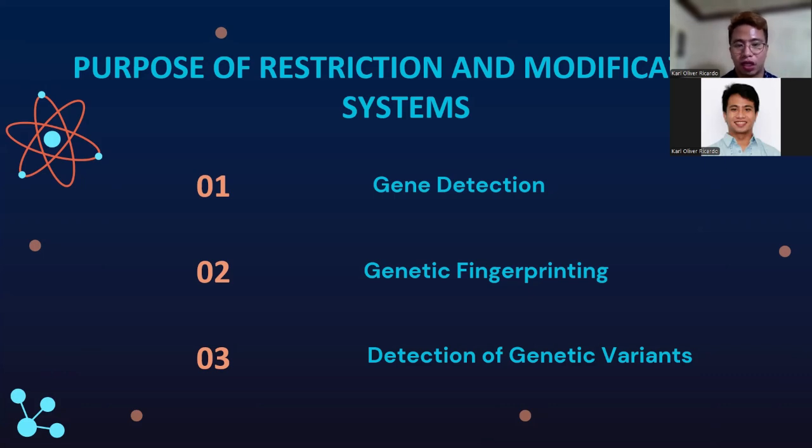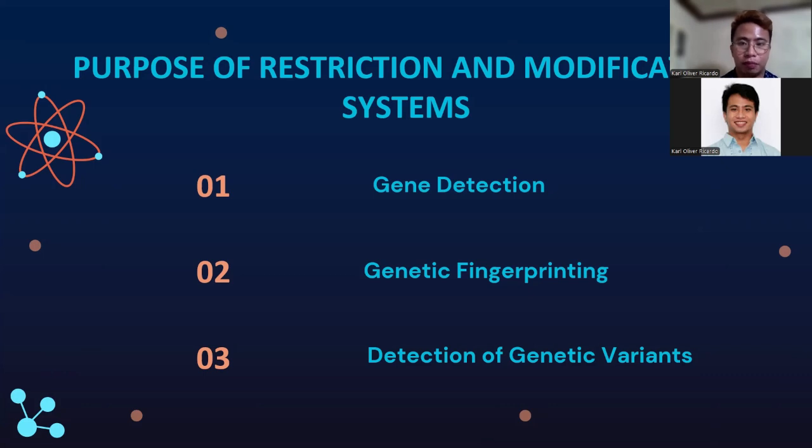Then we also have genetic fingerprinting, which plays a critical role in forensic science. That helps to solve criminal cases and also paternity tests. And lastly, we have the detection of genetic variants.